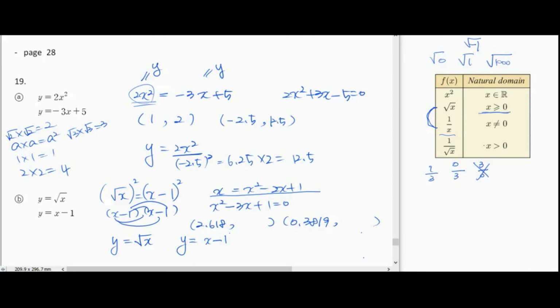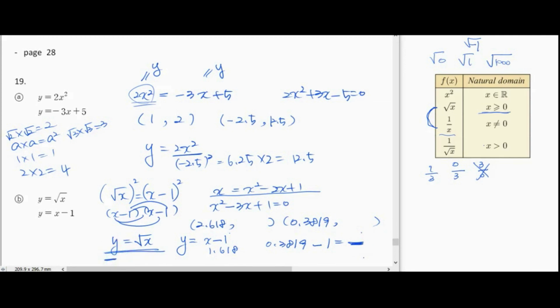And then, they're the same. So let's put x as 2.618 into x minus 1 there, and then we get 1.618. And that's also possible. We can put that in a root, but it's just a bit too complicated for us to calculate. But when you put x as 0.3819 in x, and when you subtract 1 from that, that's impossible.